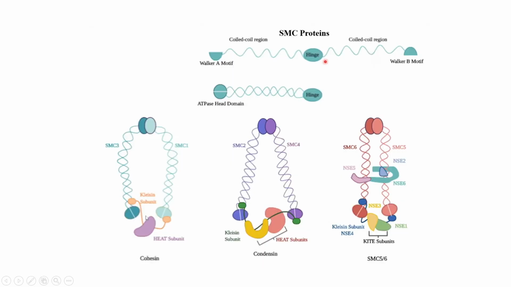This is cohesin, in which SMC1 and SMC3 are present. In condensin, generally SMC4 and SMC2 are there. It also contains the glycine subunit in condensin, and another SMC complex is SMC5 and 6.